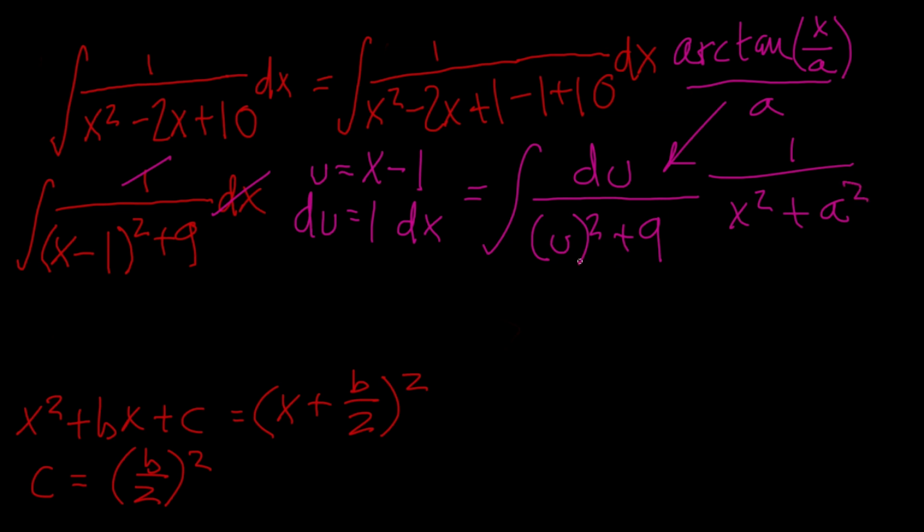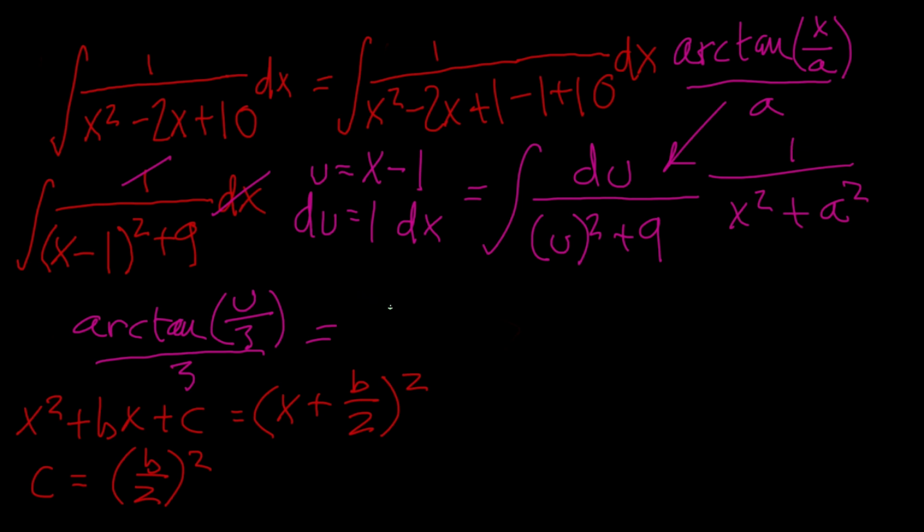And we have that form right here. Of course, we're not using x, we're using u, and our a is going to be 3 because 3 squared is 9. So this whole integral can be rewritten as arctangent of u over 3, all divided by 3. And that is our final integral in terms of u.